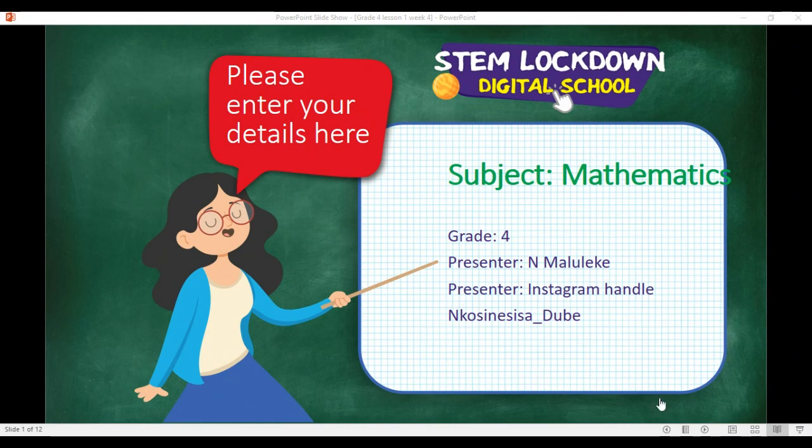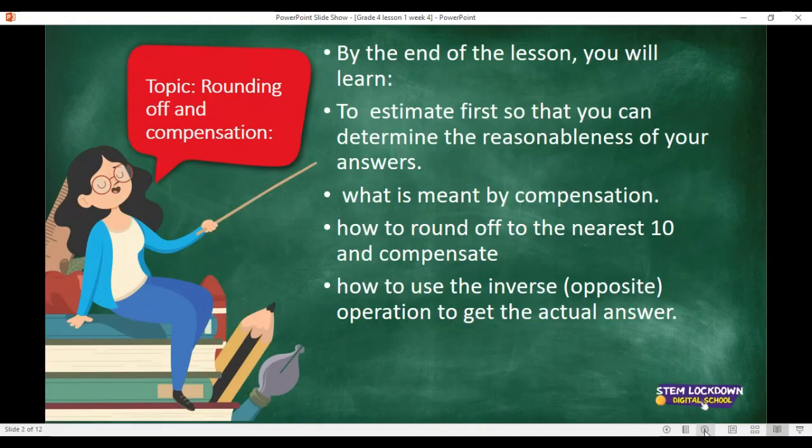So we're going to start. If you still remember last week, we were doing rounding off. We did it quite extensively, and I explained how we round off. I also told you that when we come to addition, there is a topic where we have to do rounding off and compensation.